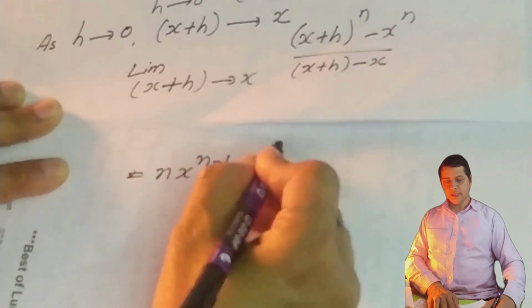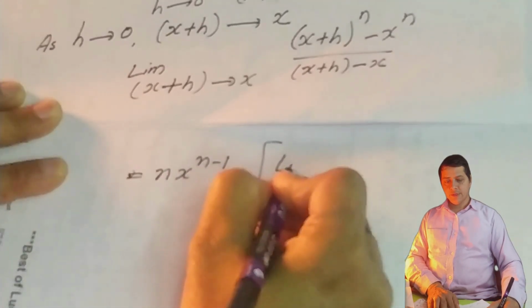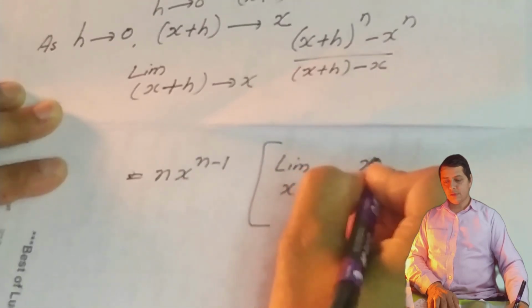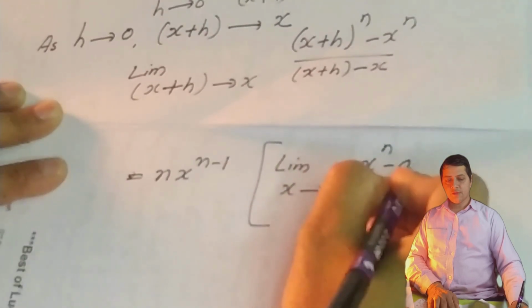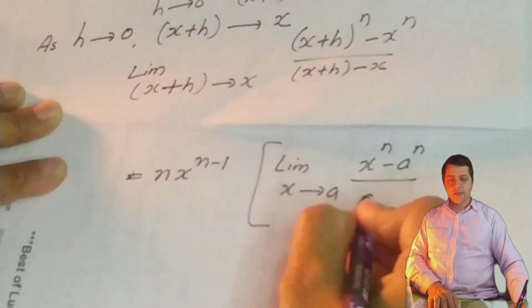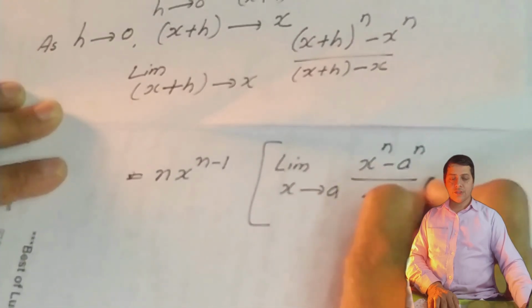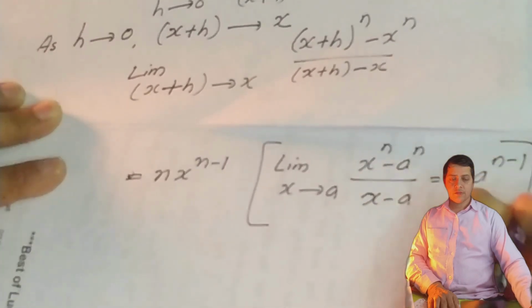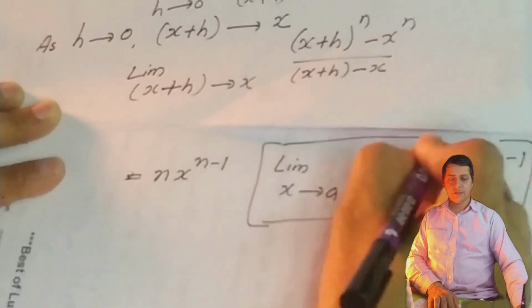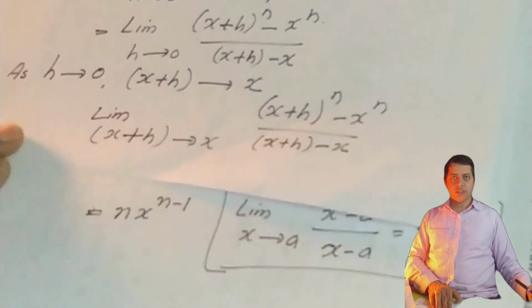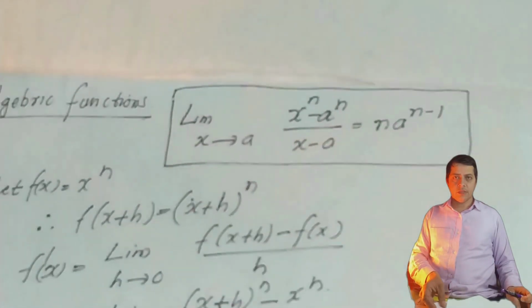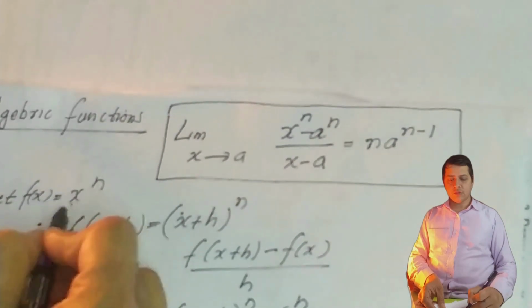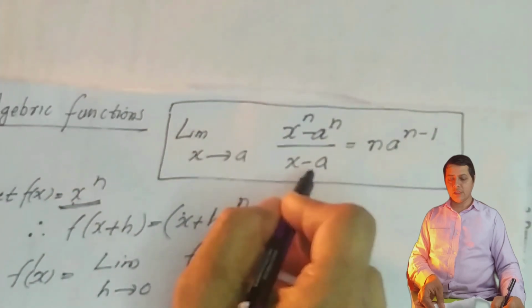So that's nothing but we can say limit x tends to a of x to the power of n minus a to the power of n by x minus a is equal to n a to the power of n minus 1. That's what we got, my friends. That's what the equation was in the beginning. If we check the beginning, the equation that we wanted was the same one. When we take x to the power of n, we get this generalized equation.